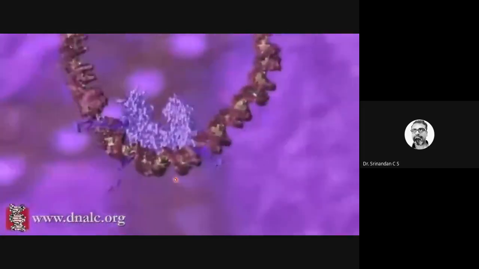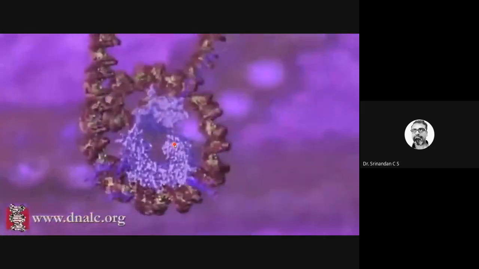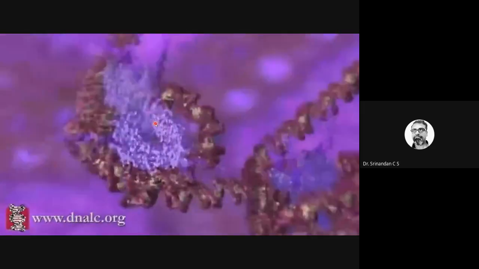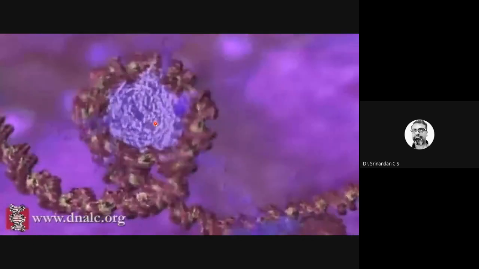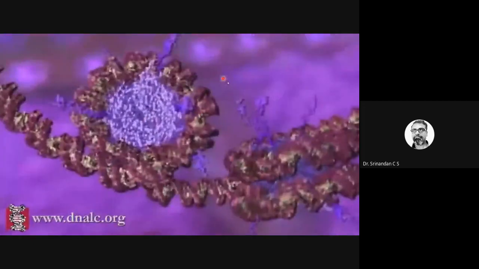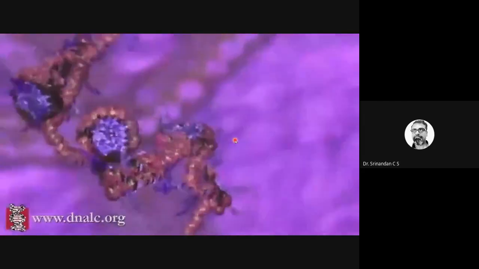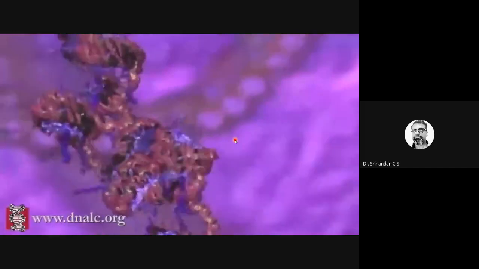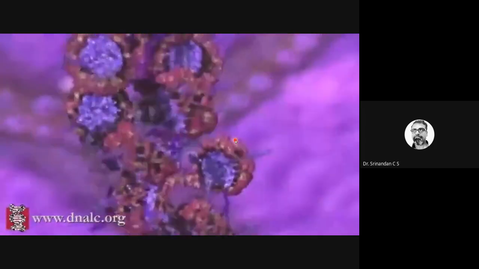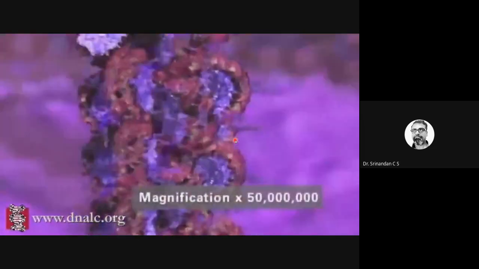See, this is a protein called histone, and in bacteria they are called histone-like proteins. They will make it loop like this, and then this also will be coiled some more. Okay, and then one stack will be stacked on another.